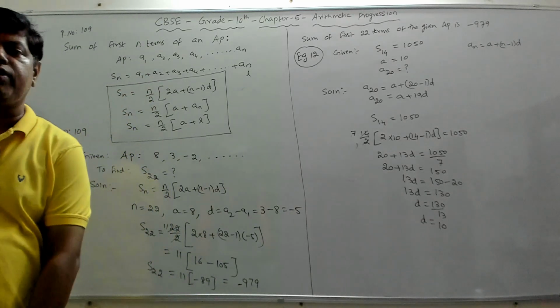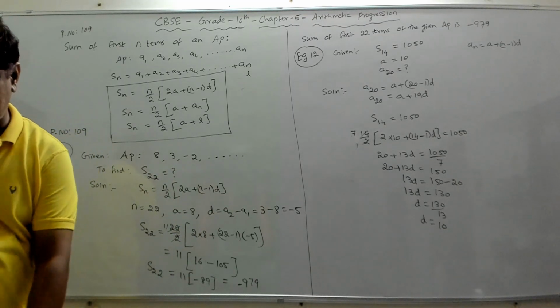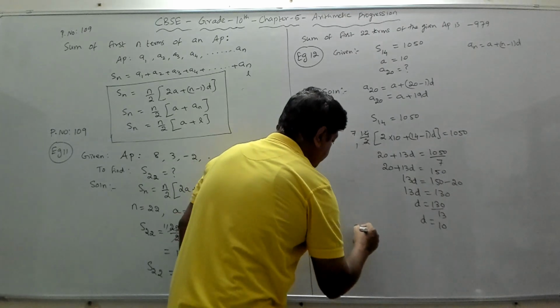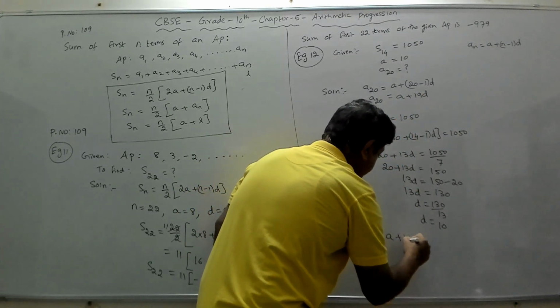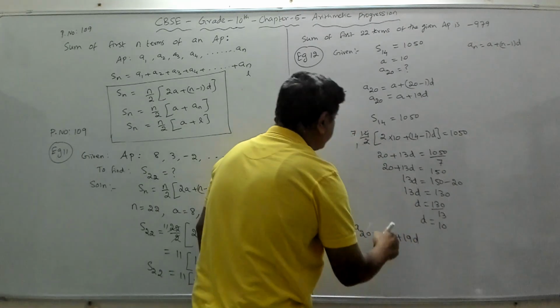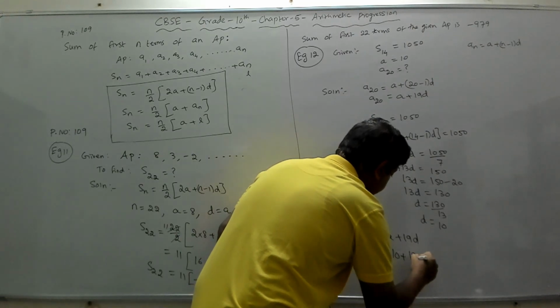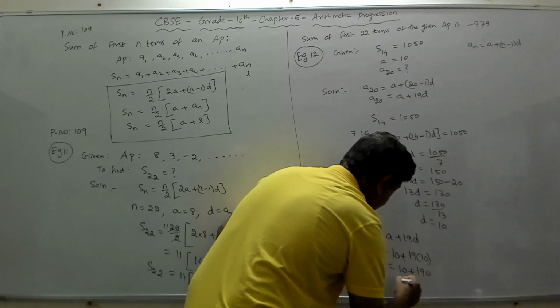Now we know the common difference, and we know a. Now we can substitute both to find a20. So a20 is a plus 19d. We know a is given in the question itself as 10, and d is also 10. 19 times 10 gives you 10 plus 190, which is 200.